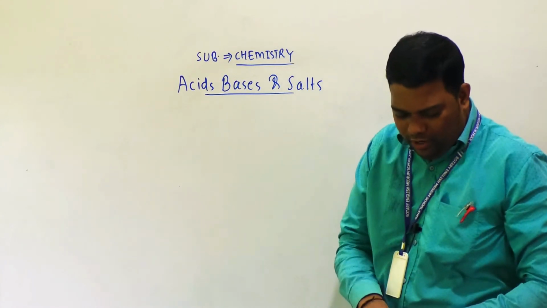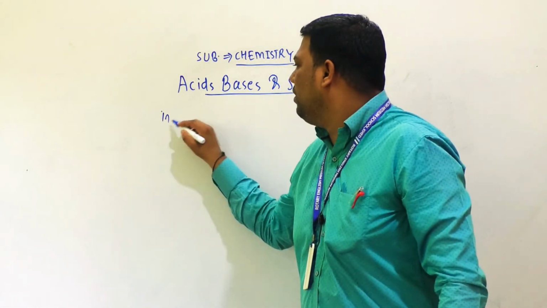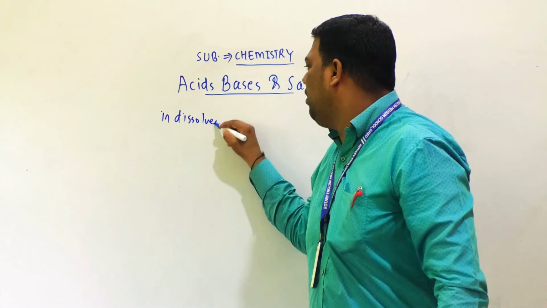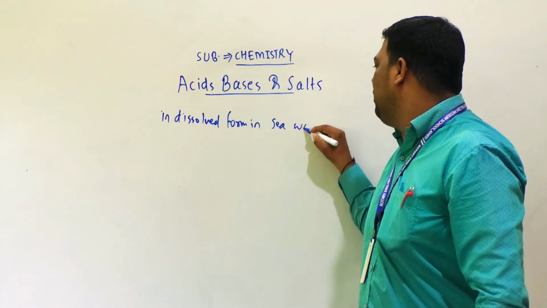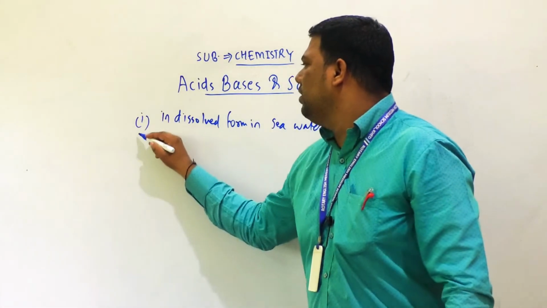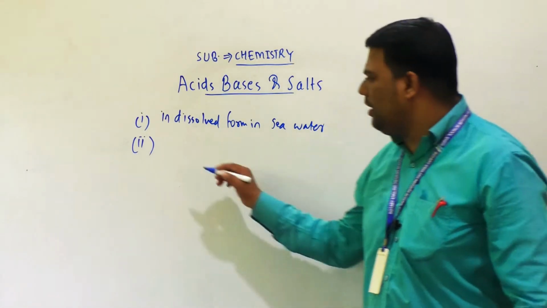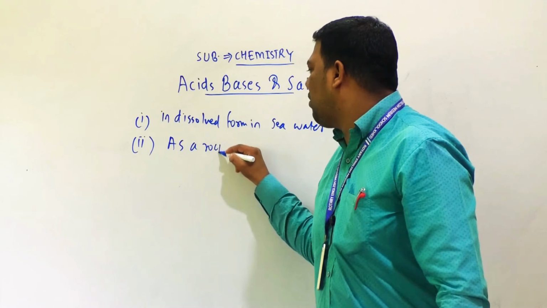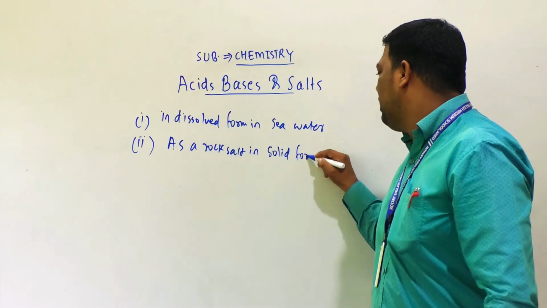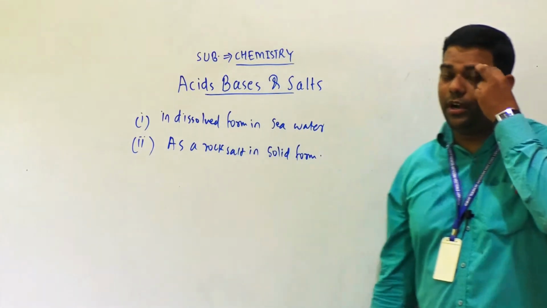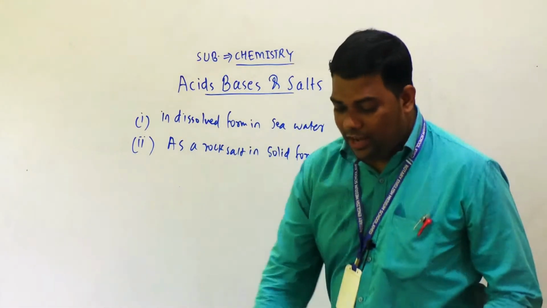See here, the salt present in nature occurs in dissolved form in sea water, and second, as rock salt in solid form. Understood? So these are the two main sources of large-scale production of sodium chloride.